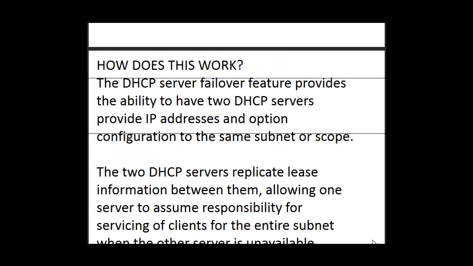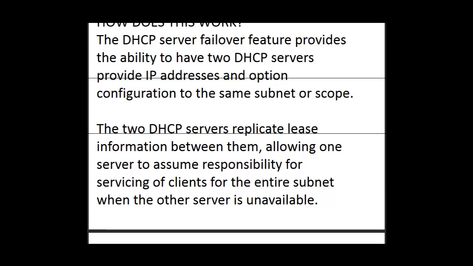How does this work? The DHCP failover feature gives you the ability to have two servers, and both of these servers provide IP address configuration to the same subnet or scope.